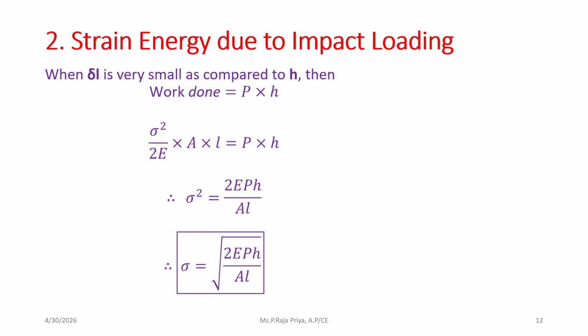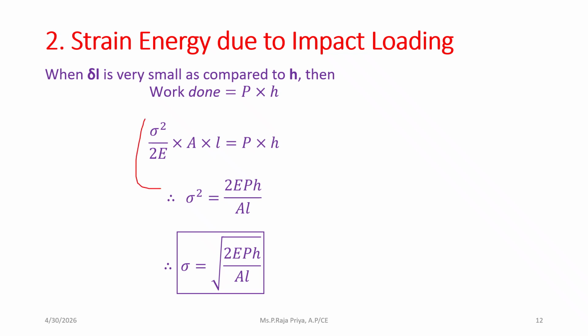When the deformation delta L is very small compared to h, it is negligible and we can neglect it. So the work done, previously written as P into (h plus delta L), becomes P into h when delta L is ignored.